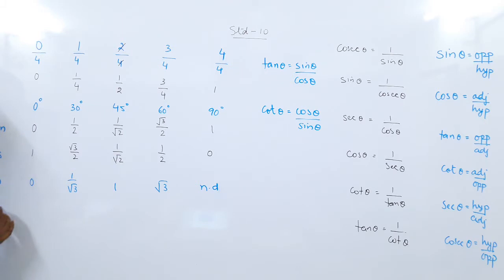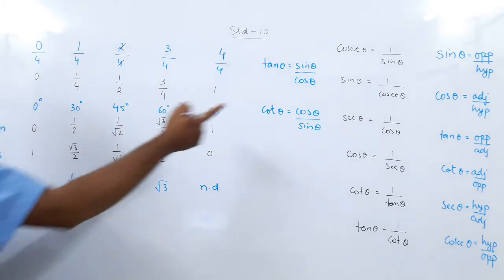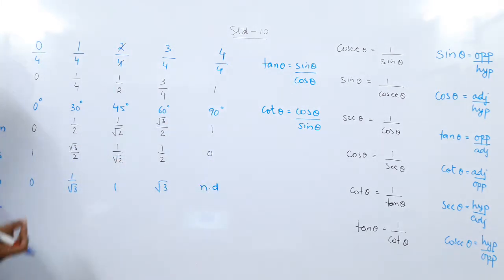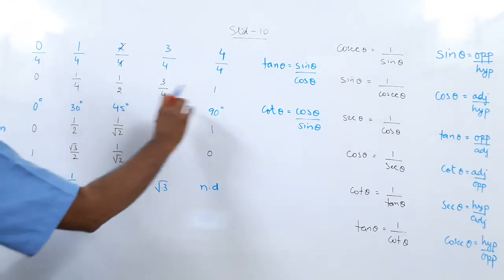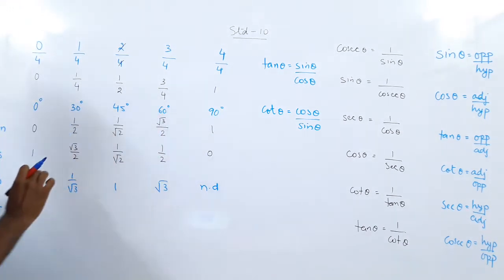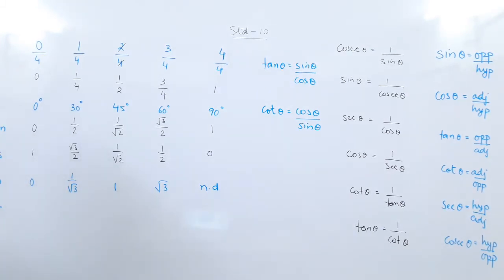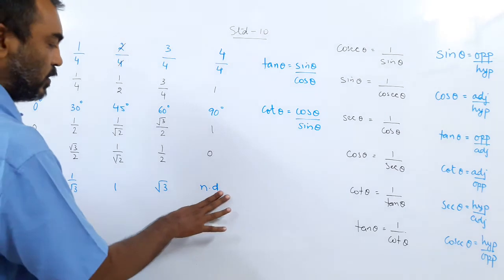Then we go for the cot. Cot is what? Cos upon sine. Or you can also see, same like sine and cos, when the degree is increasing, tan is increasing. If tan is increasing, the cot will be decreasing, because cot is nothing but the reciprocal, right?